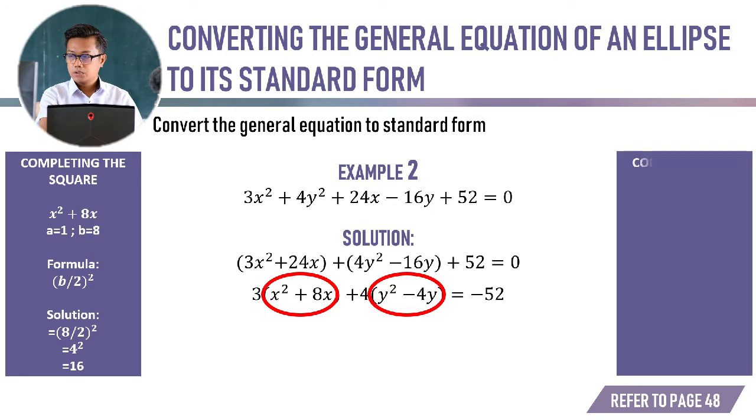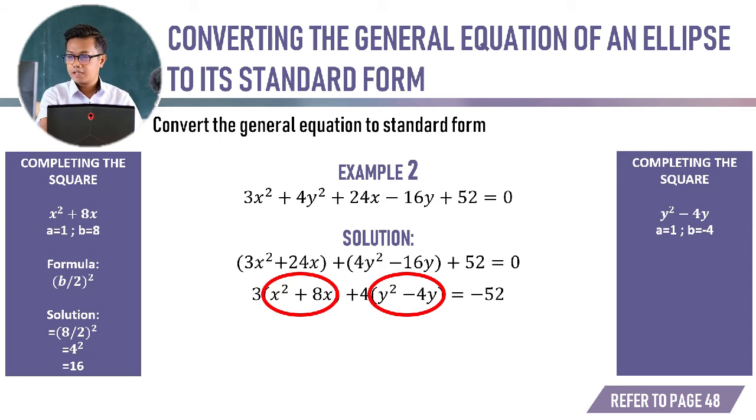Okay, now, we also need to complete the square for the binomial y squared minus 4y. So, what is the first thing we need to do? We should identify the values of your a and your b. In this case, in our second binomial, the value of a is equal to 1, and the value of b is equal to negative 4.